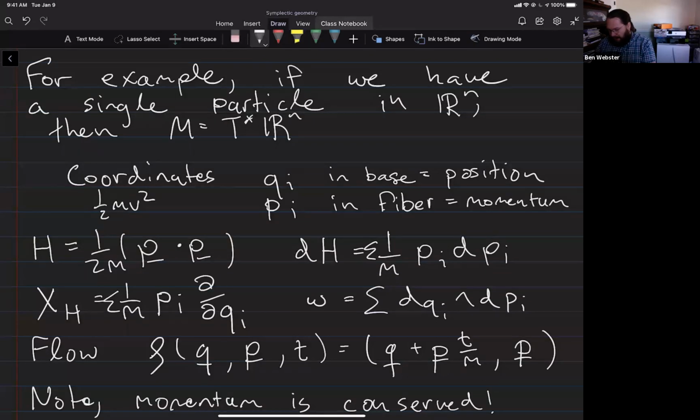And that's 1/m times pi ∂/∂qi, right? Because the pi and the qi are kind of dual coordinates under the symplectic form, I swap a dpi for a ∂/∂qi.